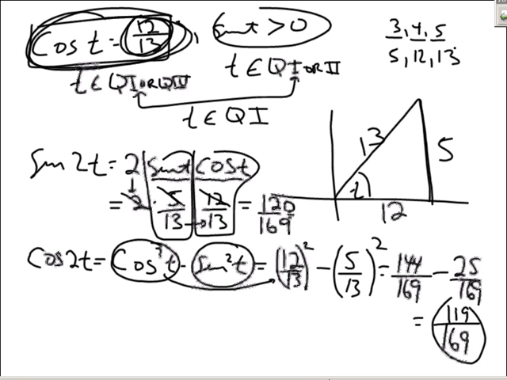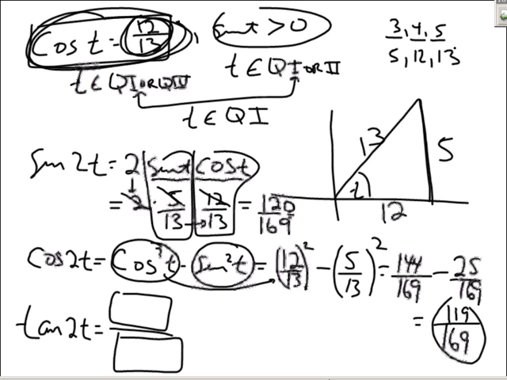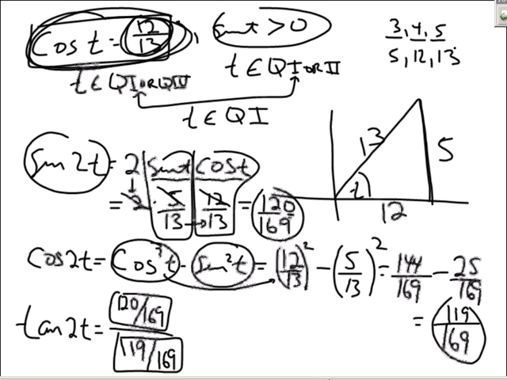Now, for tangent of 2t, it's sine of 2t divided by cosine of 2t. But I have the sine of 2t. We just calculated it. It's 120 over 169. And the bottom is cosine of 2t. But we just did that. It's 119 over 169.